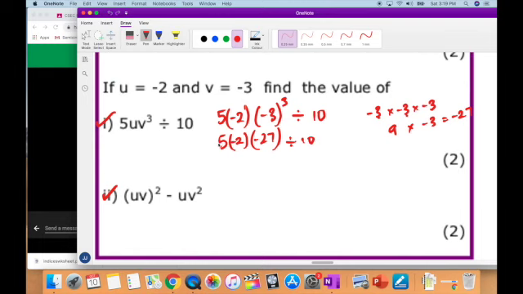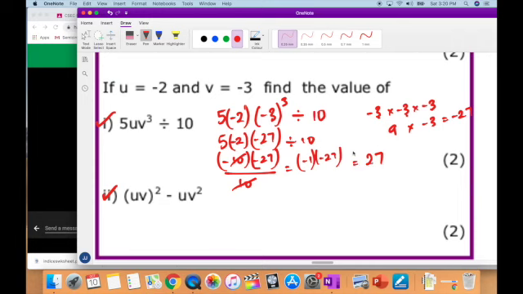Now we can just multiply the 5 times the -2, which is -10, times -27. And this is going to be divided by 10. Right? And we could even put it like this, divided by 10. This 10 will cancel with this 10 to give me -1 multiplied by -27, which is just +27.